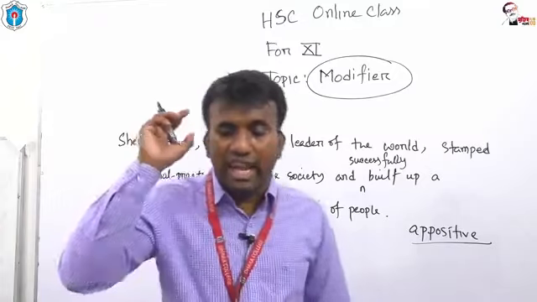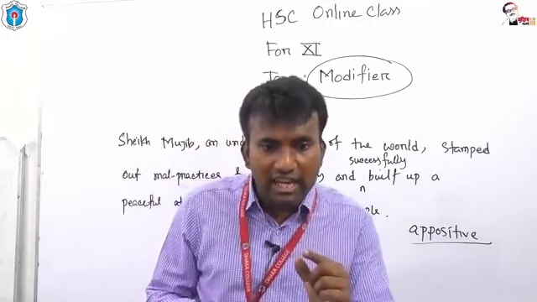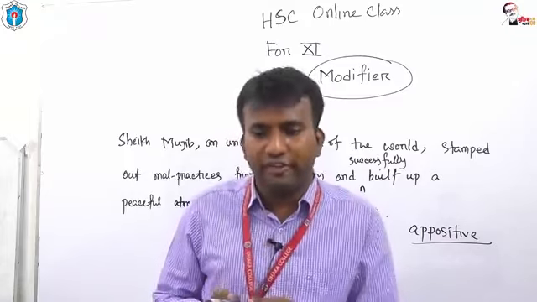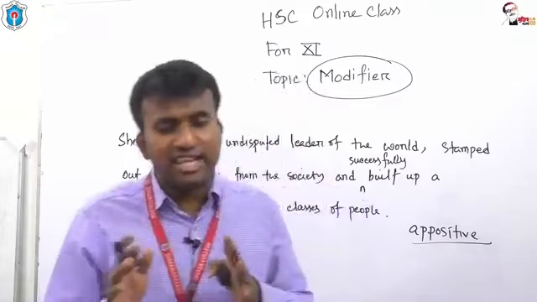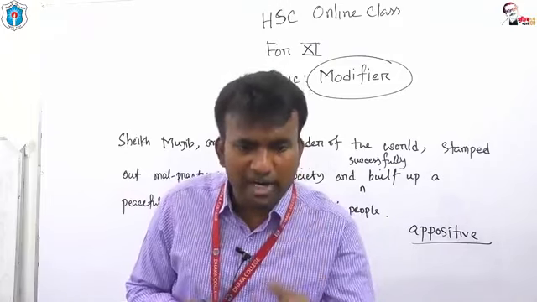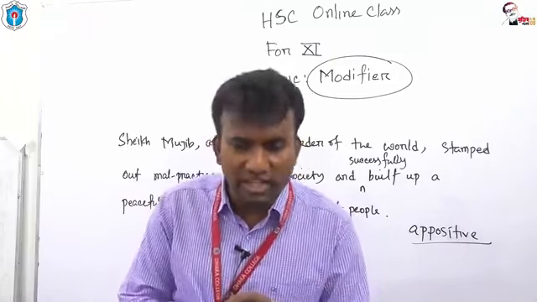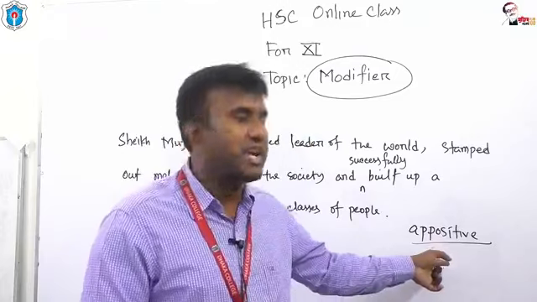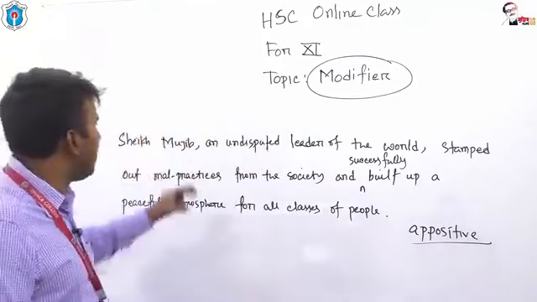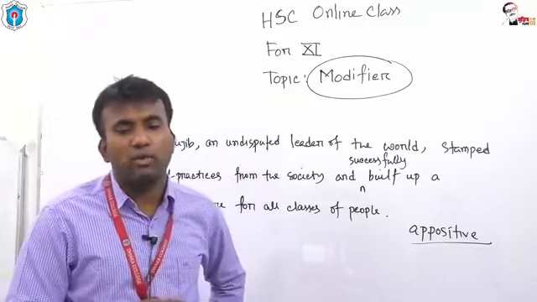You can say case in apposition. If you get any extra information about a noun or noun phrase, and if this extra information doesn't start with a clause, this part will be called appositive. You can say case in apposition. So what is the appositive here? An undisputed leader of the world.